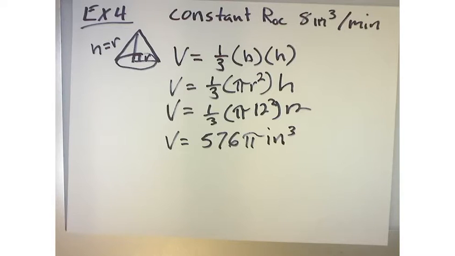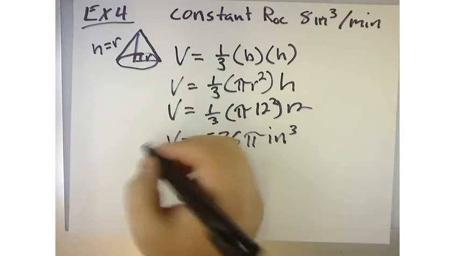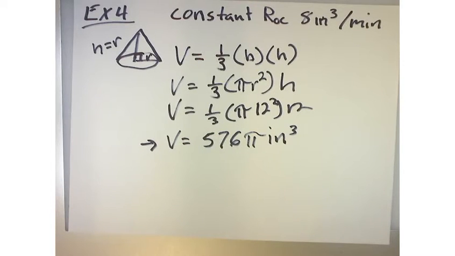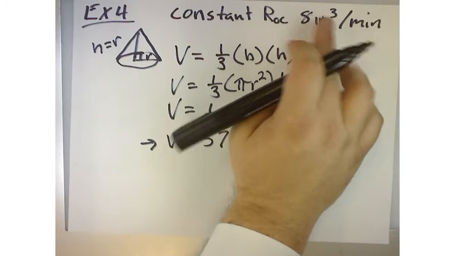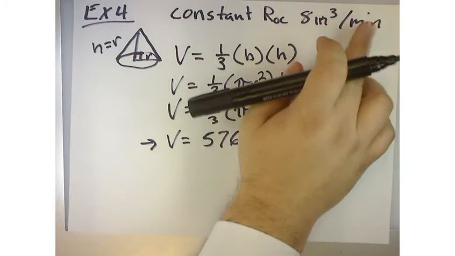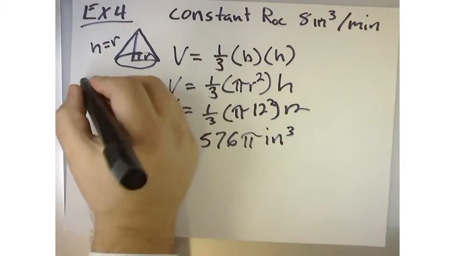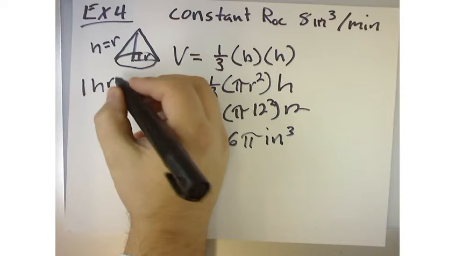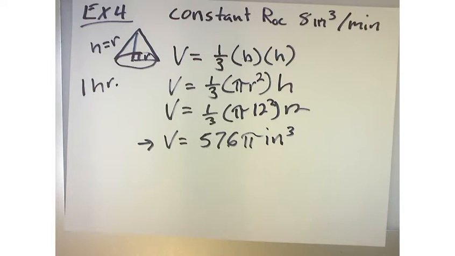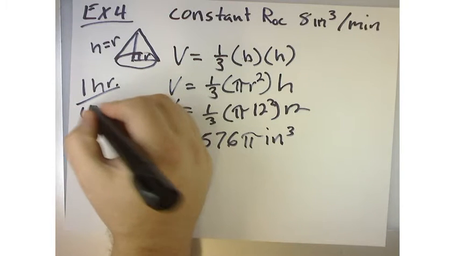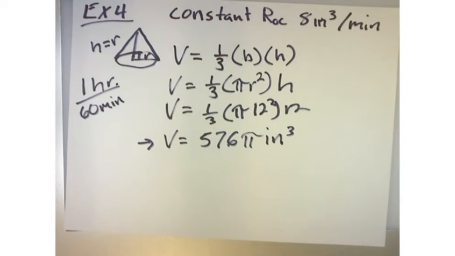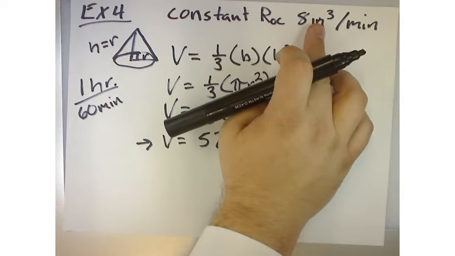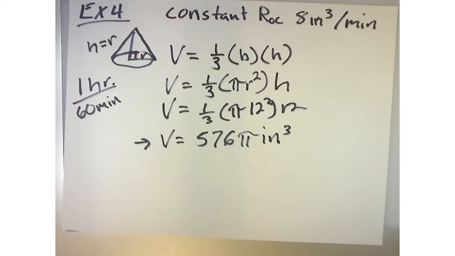Now here's the thing. This is the volume, and the volume increases at 8 cubic inches per minute, but it asks us how much will it change in 1 hour. Well, how many minutes are in an hour? 60, right? So how do I figure out how much the volume changes in 1 hour?